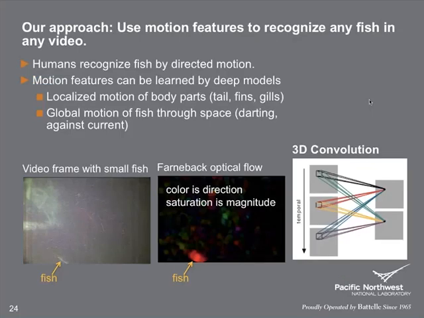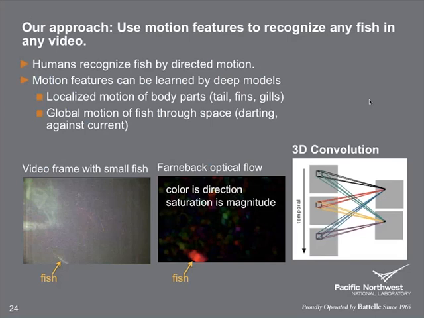But really, what we think is going to be the key to developing a universal approach that's going to work with any of those videos and any future videos that are recorded is to use motion features. The human reviewers that we've talked to have said that they really use motion as a cue to recognize fish, especially the very small fish in the videos.